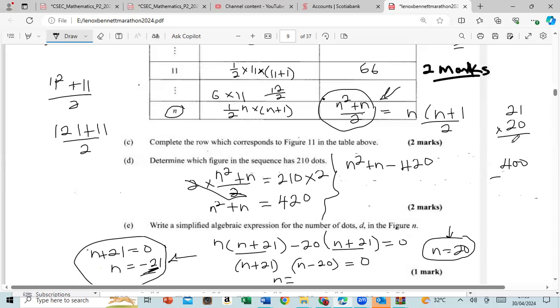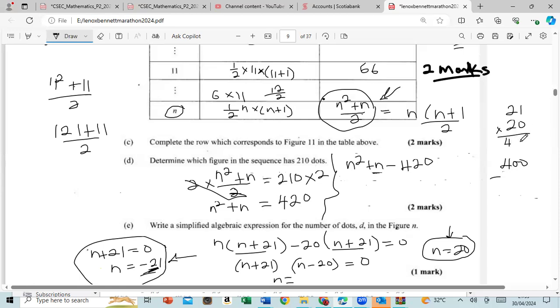When you multiply, you add the next number, so 20 times 21 gives me 420. The factors are close because the difference is going to be 1 when you subtract the numbers.